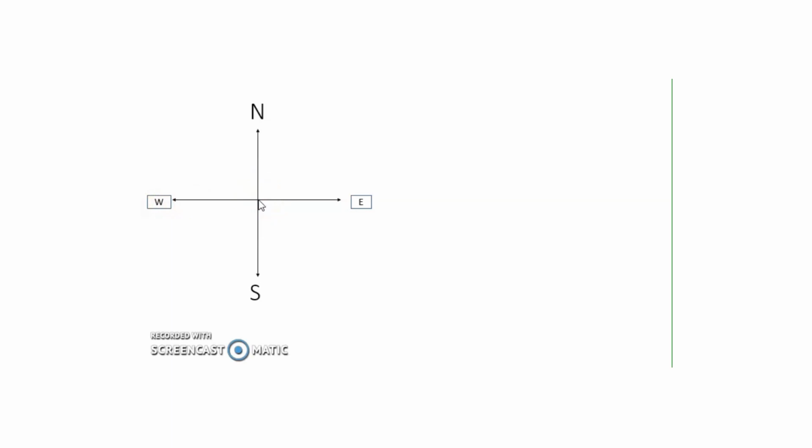So we should take note of this. Any force facing towards the east is positive, we are going to add, while the force facing towards the west is negative, so we are going to subtract.